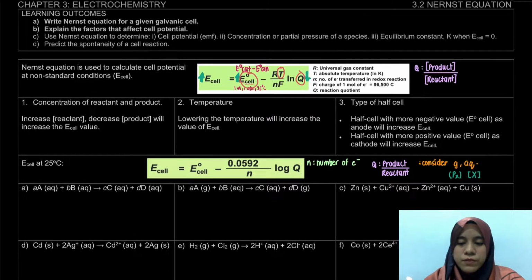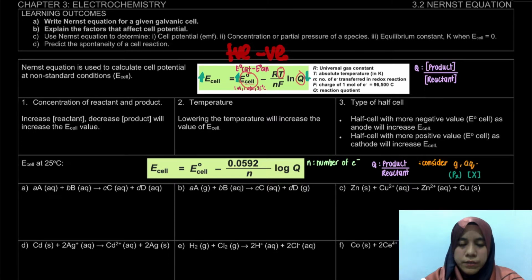Last but not least, we're going to look at the type of half cell, which is regarding our E°cell itself. So here it mentioned that the half cell with more negative value, the E°, as anode will increase E°cell, and the half cell with more positive value as cathode will increase the E°cell. Okay, so what does it mean? Cathode is actually the one with a more positive value, while anode must be the one with more negative value.